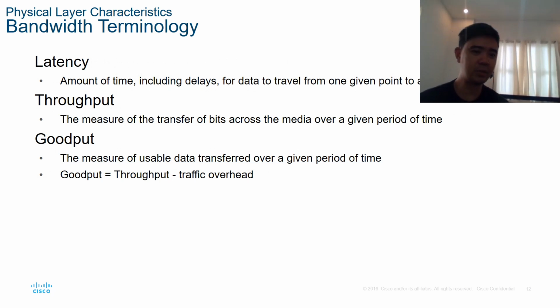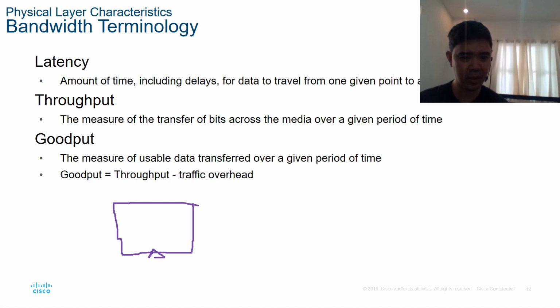Then we have some terms also here. Latency. Latency is the propagation delay or the time of travel from one point to another.